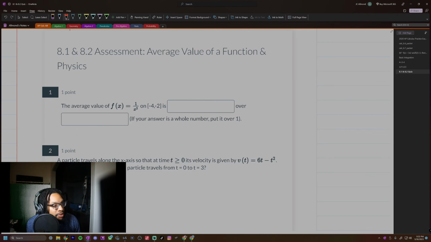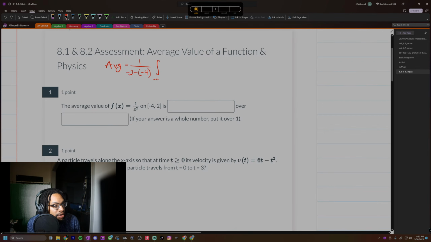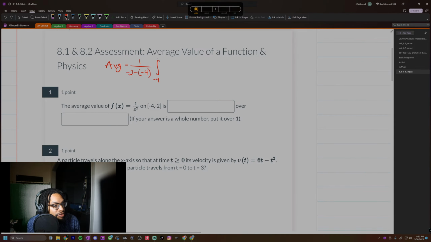So I'll just start up here so that way I have room to work. So the average value is going to be equal to 1 over b minus a, so -2 minus -4, times the integral from -4 to -2 of, yes, it's 1 over x squared, but I'm trying to integrate it.